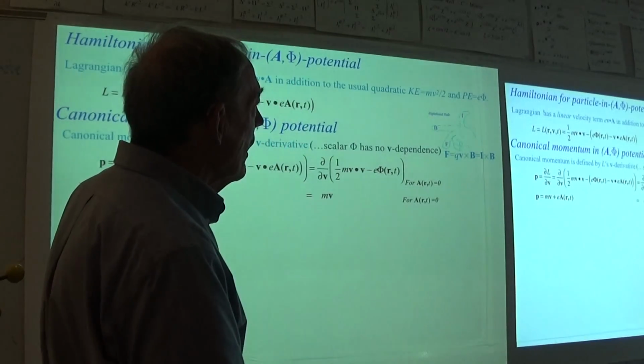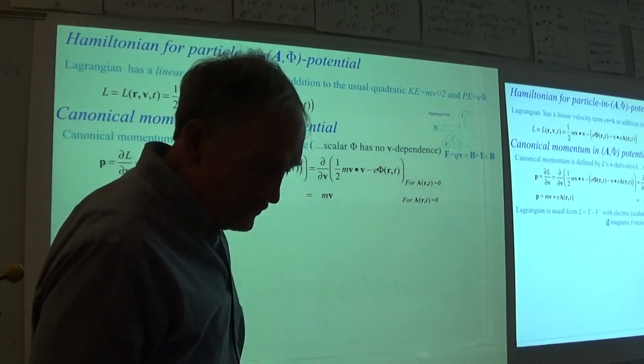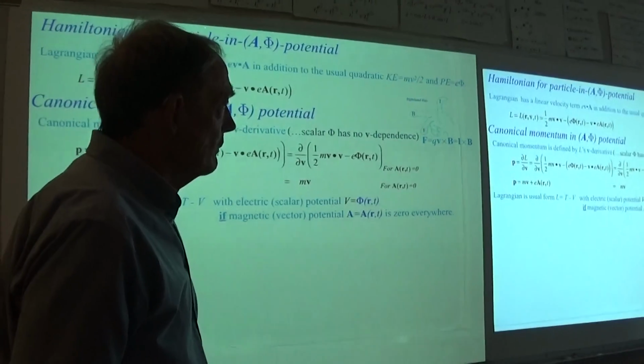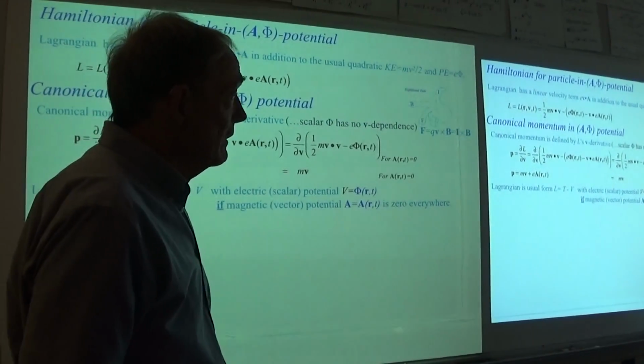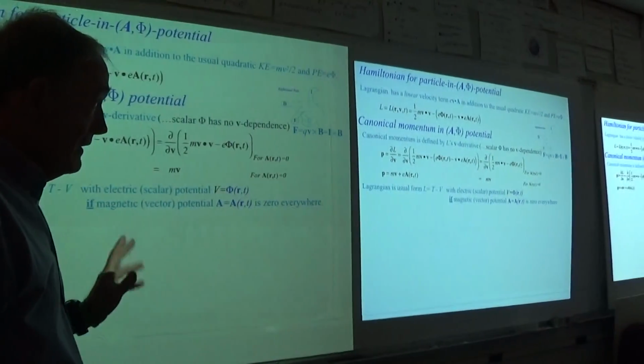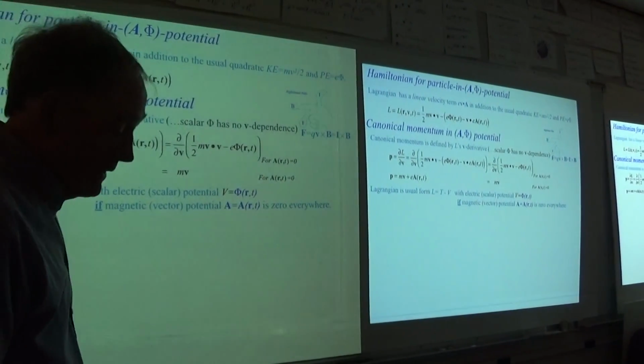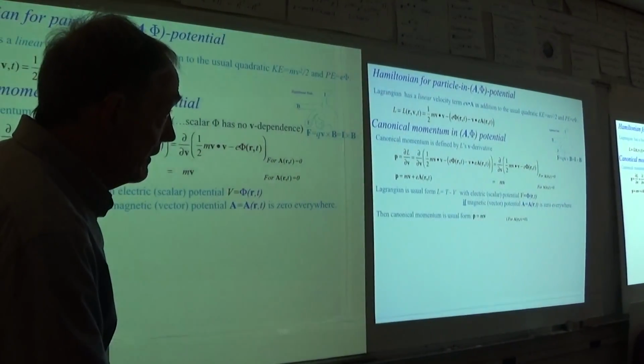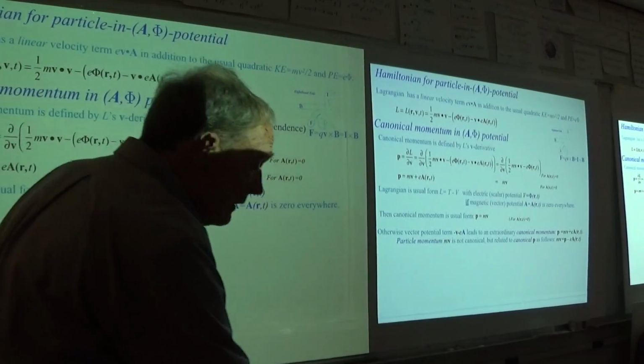But anyway, this Lagrangian form, the usual form, L equals T minus V with electric potential. But if there's a magnetic activity around anywhere, then you really do have to take account of everything that we've written down here.